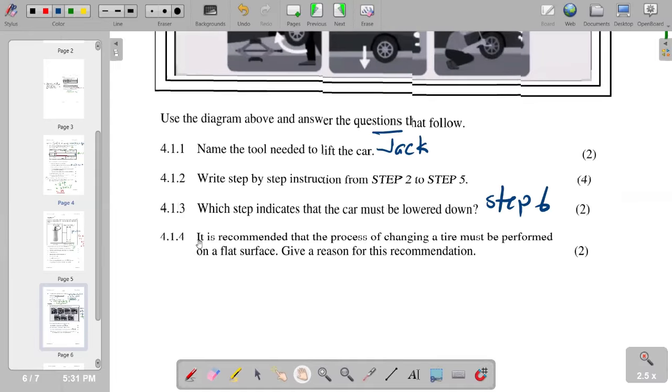Then 4.1.4, it is recommended that the process of changing a tire must be performed on a flat surface. Give a reason for this recommendation. This is to avoid the car rolling over. So we are saying the car may roll over.